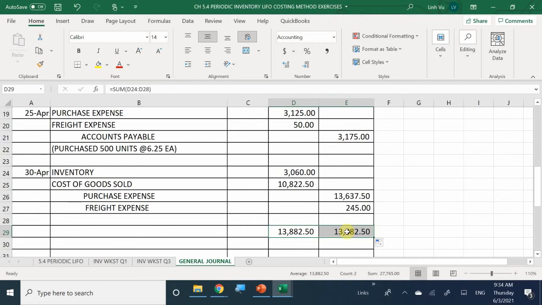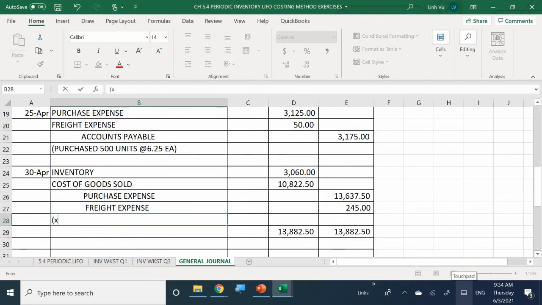And of course, for your description, you could just say this is a conversion entry, 600 units into inventory.